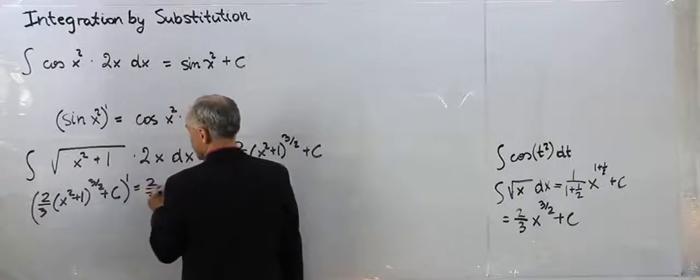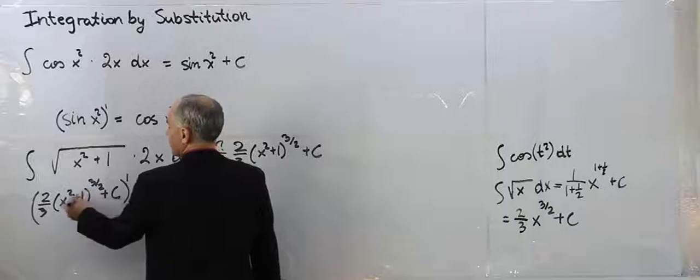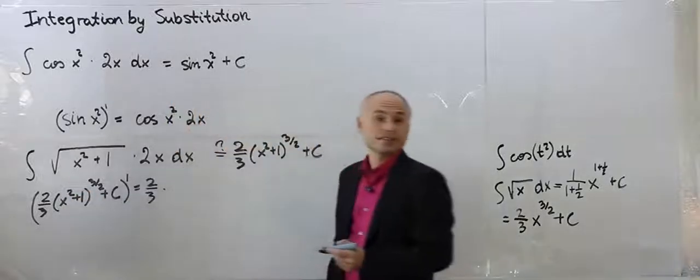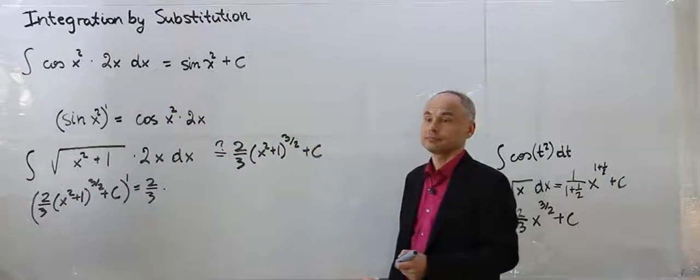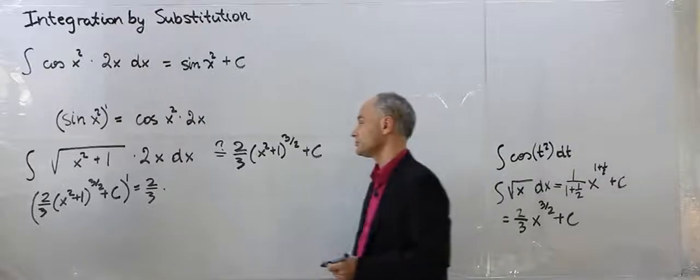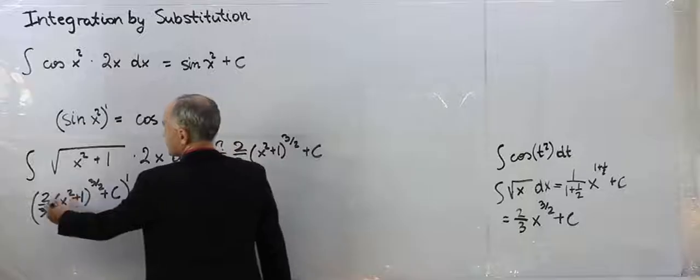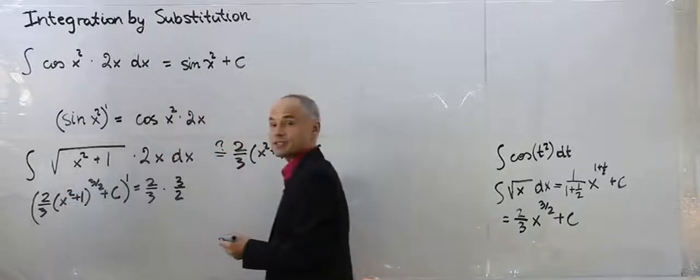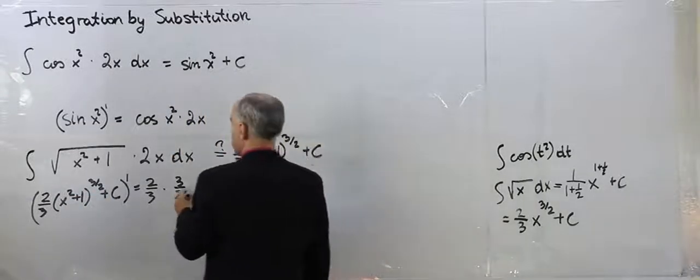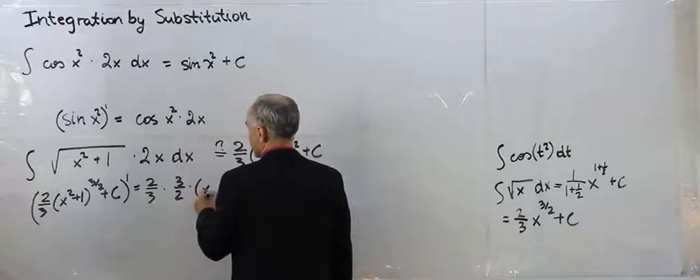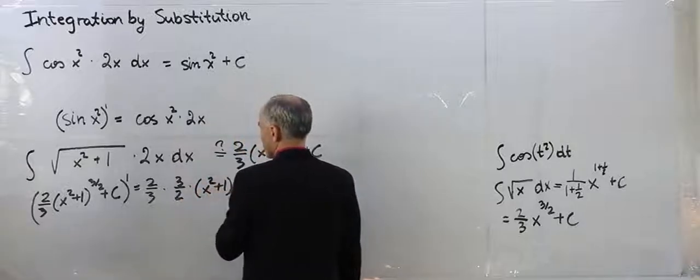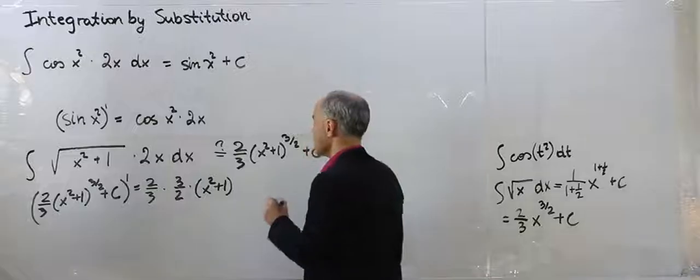So I can factor it outside, and I just differentiate x squared plus 1 to the 3/2. So I will apply the chain rule. So the chain rule states that the derivative of just the expression x squared plus 1 to the power 3/2 is 3/2 times x squared plus 1 to the power 3/2 minus 1.